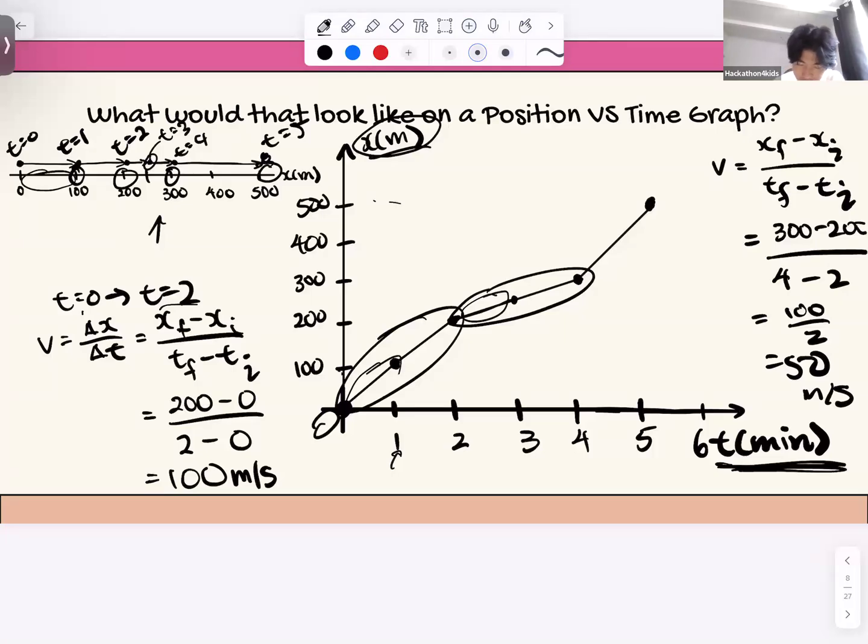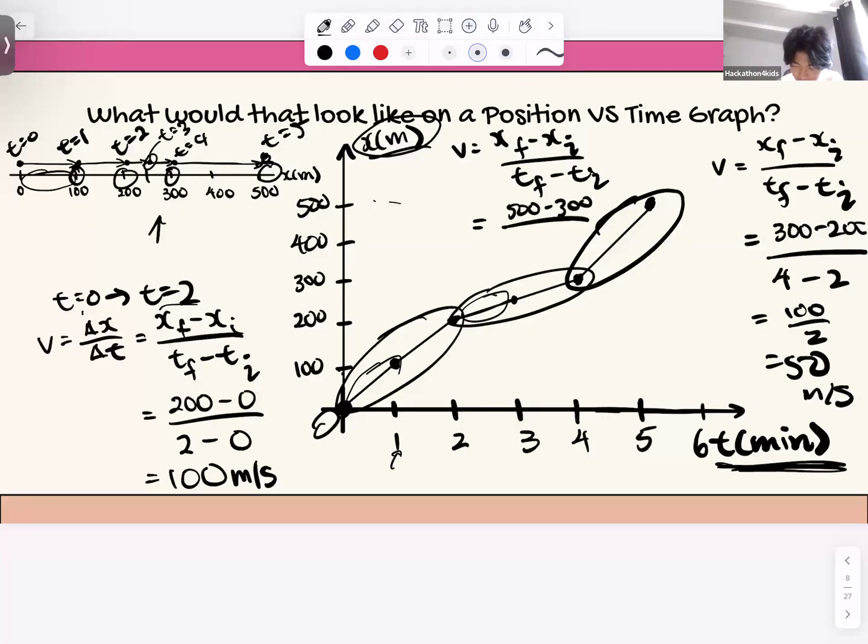And then for this final section, he would be going the fastest, right? I think you can guess what his velocity would be. It's just basically double his moderate one, which is 200. He starts at 300 and then ends at 500, right?